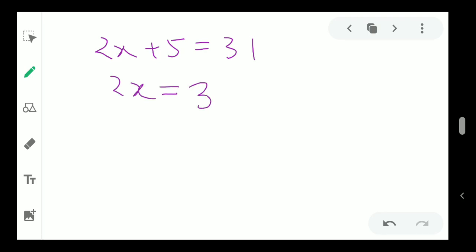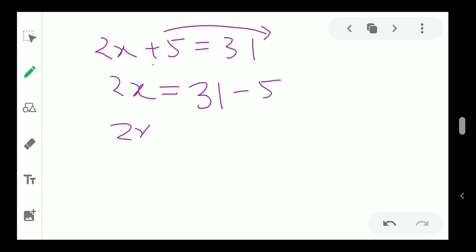Okay, so just solve it, that 2x plus 5 equal to 31. It's very easy to solve. 2x, 5 will go that side and become negative, as when this was positive, so when it will go in that side it will become negative 5.